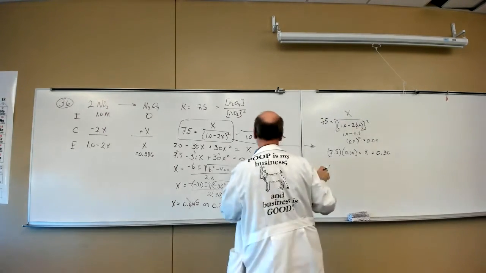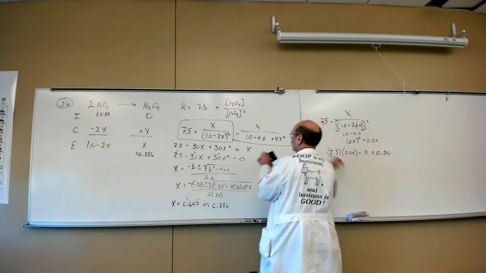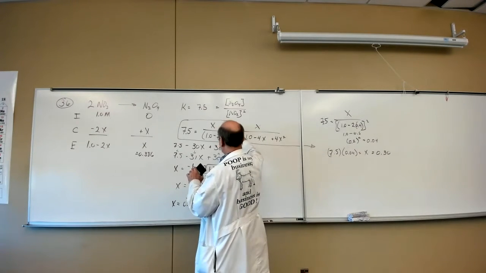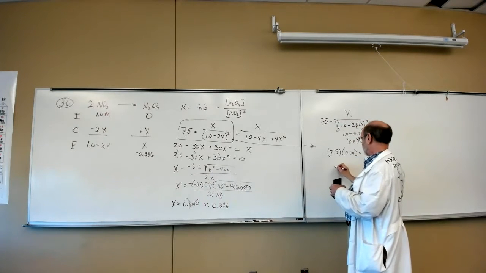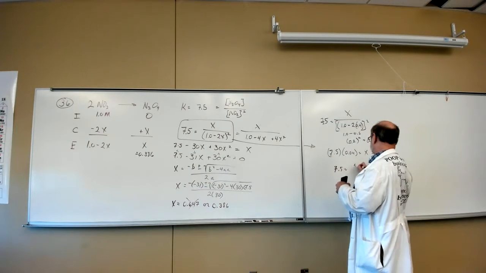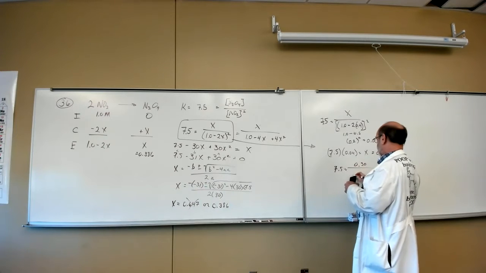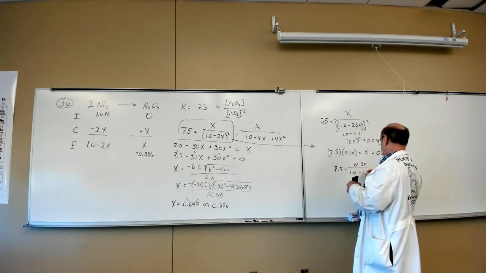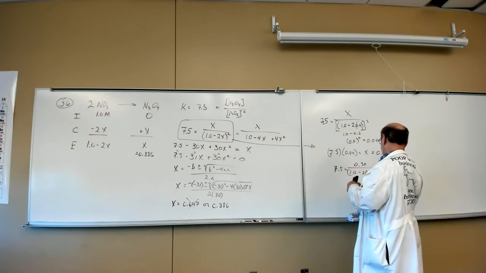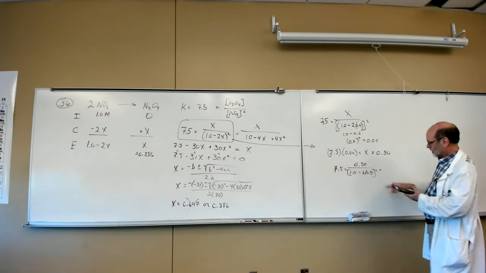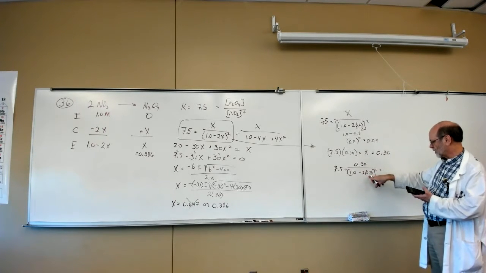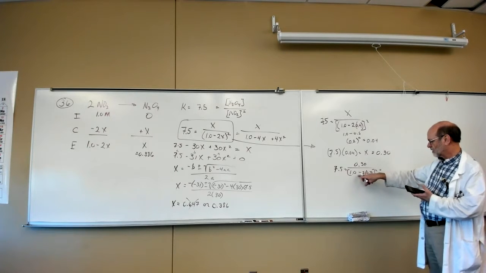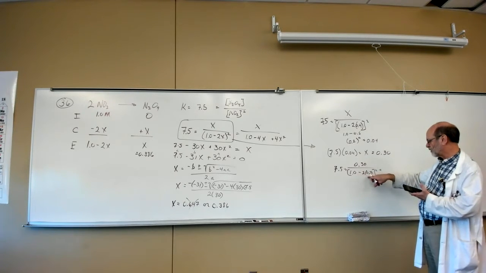And what you would do then is put 0.3 back in here for these and see what the value is. 0.3 divided by 1.0 minus 2 times 0.3, and then square that. So what is this? 2 times 0.3 is 0.6, and 1 minus 0.6 is 0.4.